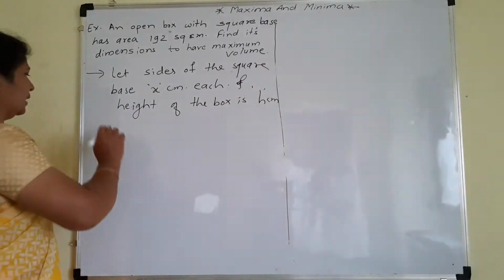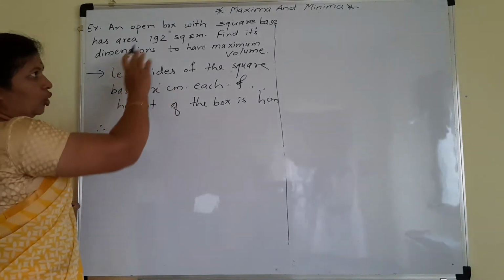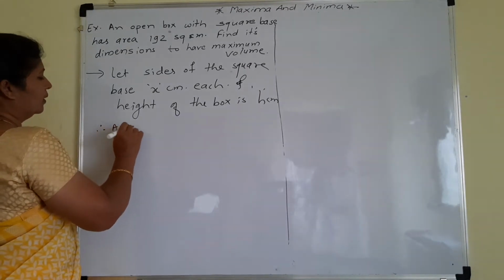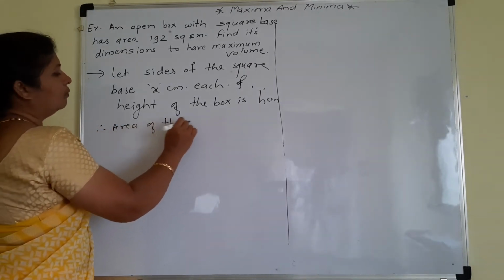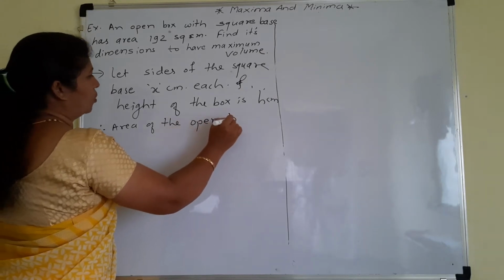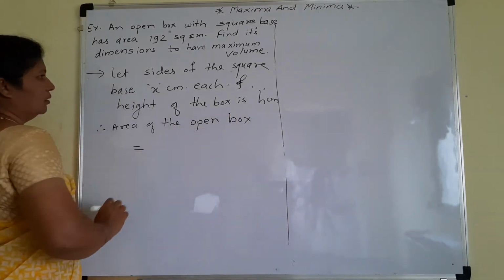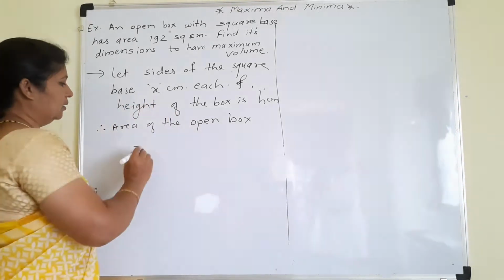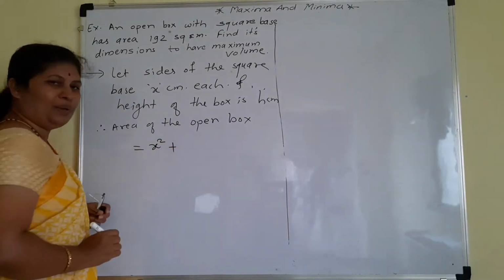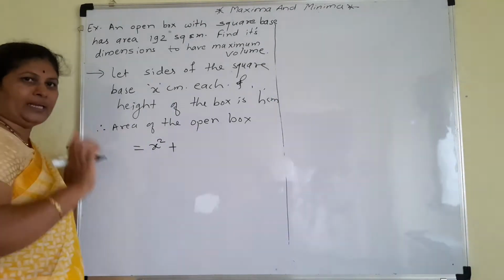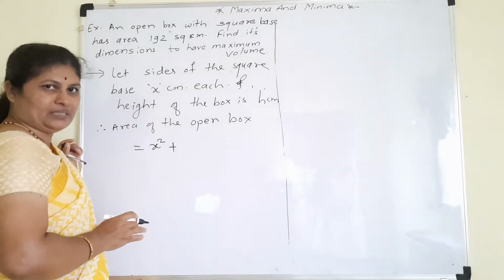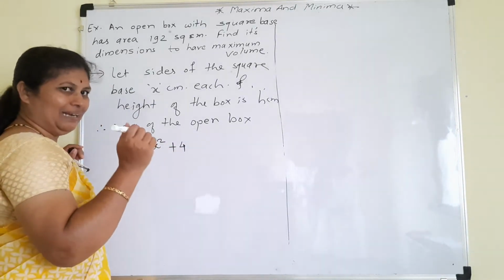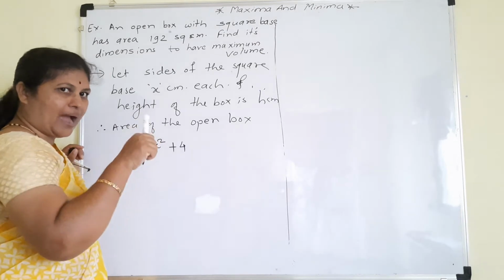So what will be its area? Therefore, the total area of the open box, since it is open, is area of the base, which is square with side x, equal to x square, plus 4 times area of the surfaces, that is 4 times length x, height h.